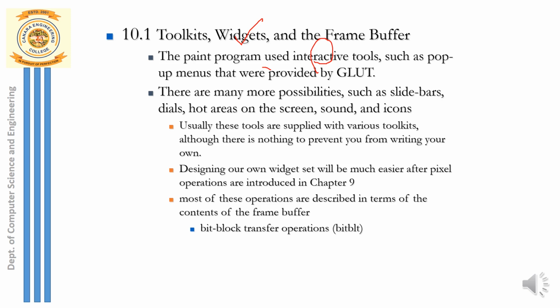Similarly, the same type of application you can have here in graphics as well. You can have such menus appearing on the display window, and with the help of those menus you can display several basic primitives. You can add attributes, change the color, or provide animation effects on the graphics. So such interactive tools can be developed from your end.